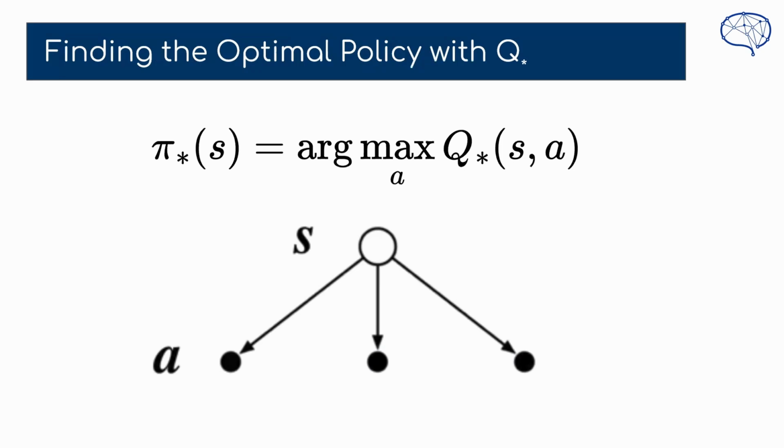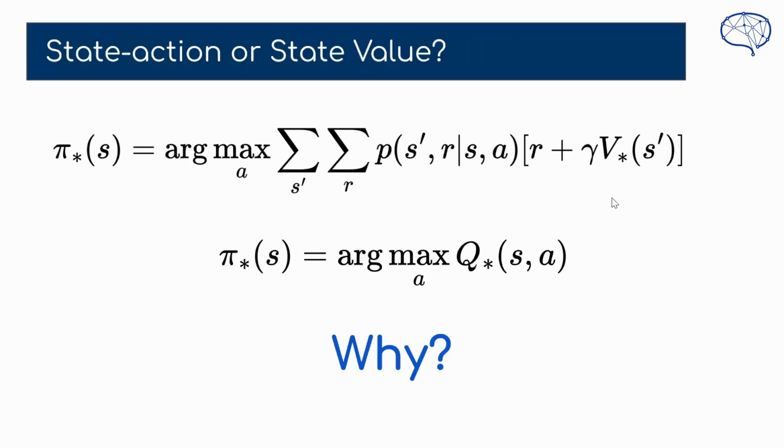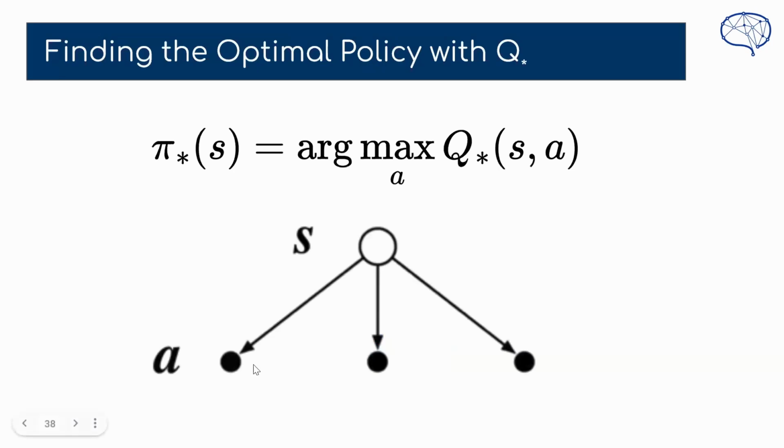If we're starting with the state, with your policy, you want to choose the best possible action. If you're using your value function, you have to consider, assuming that you took this action, everything else after.